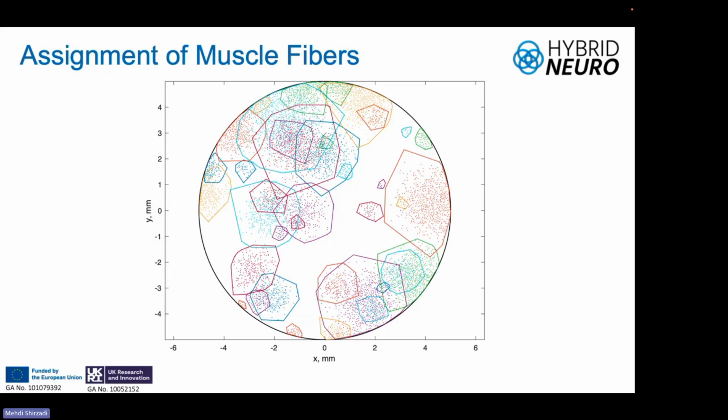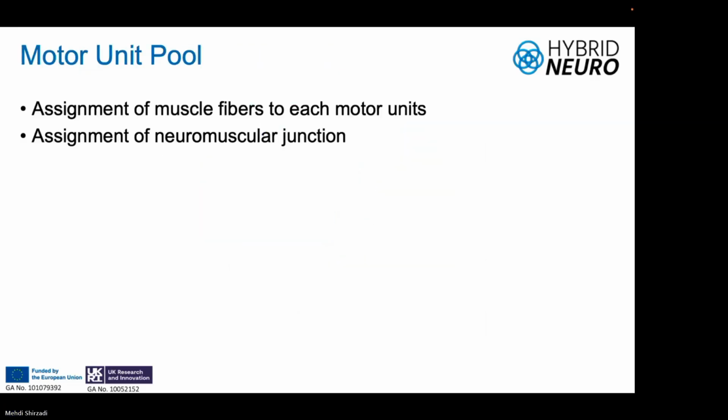The territory usually is the convex hull of the muscle fibers in the area. For example, if we have a fiber here and another fiber, we can connect all of the outer muscle fibers together and create the actual territory for each one of the motor units.